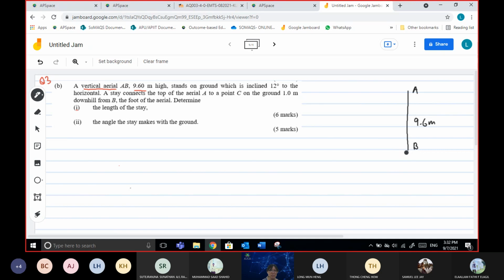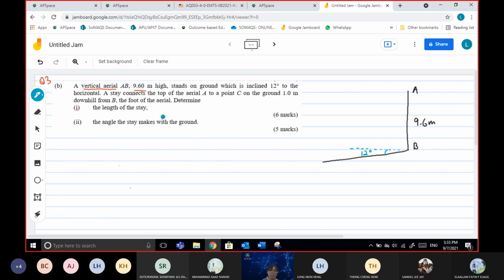So let's say this is the ground. When the ground is inclined 12 degrees to the horizontal, this is 12 degrees to the horizontal.